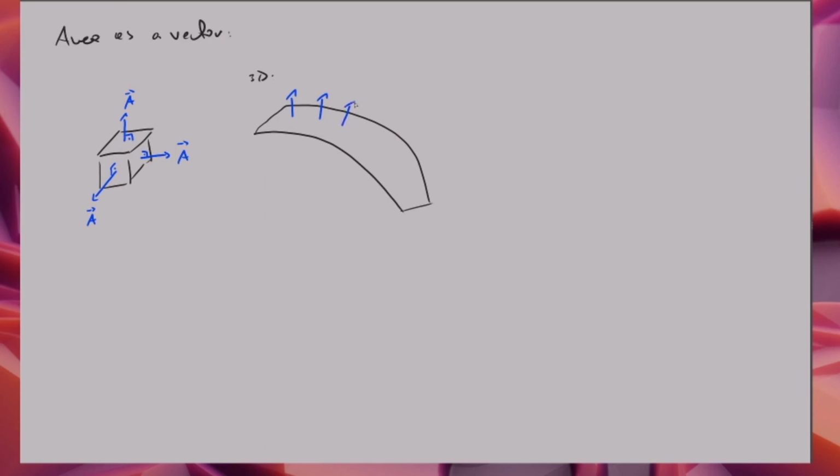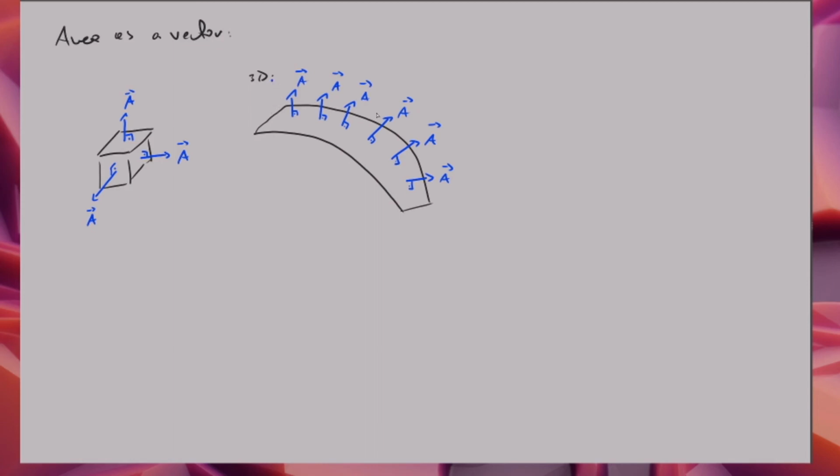Somewhere here A might point like this. Somewhere at this point A might point like that, and then here maybe it points like this, and then here it points like that. So 90 to the surface, 90 to the surface, 90 to the surface. So the vectors A indicate how the surface curves. So it's useful to turn area into a vector. It's very useful actually to do that.